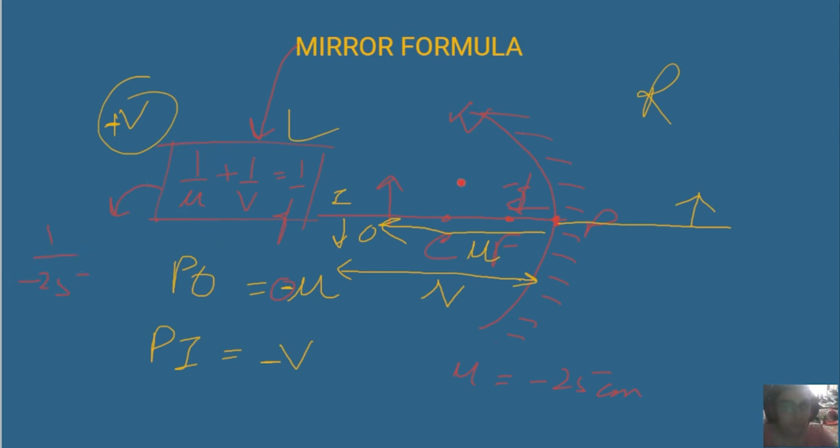While writing the formula, you don't have to give the minus, but when you are writing the actual magnitude, you have to give the sign, because that is how you will get the accurate value. Okay, so we got the mirror formula here, where U is the object distance, V is the image distance, and F is obviously the focal length.